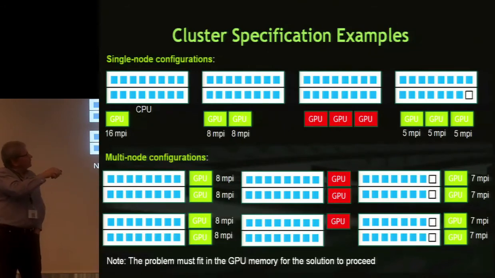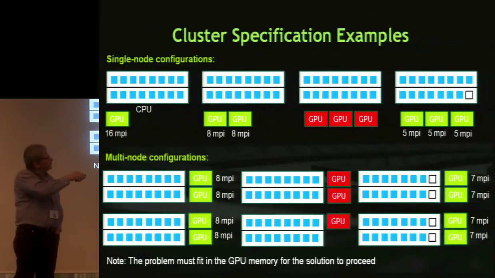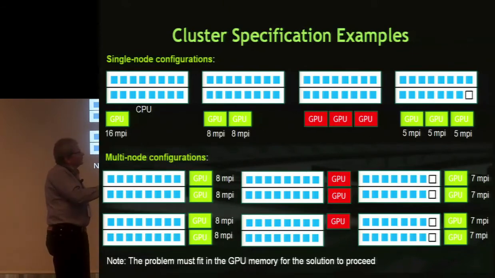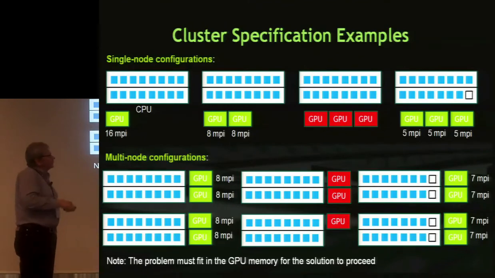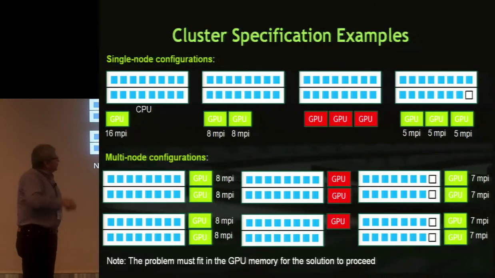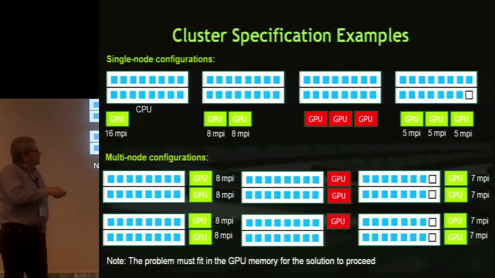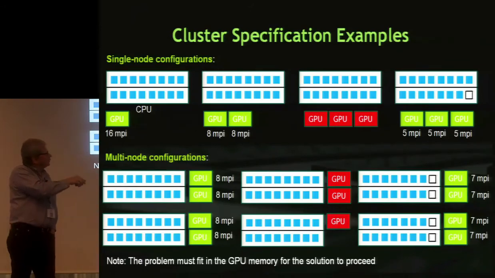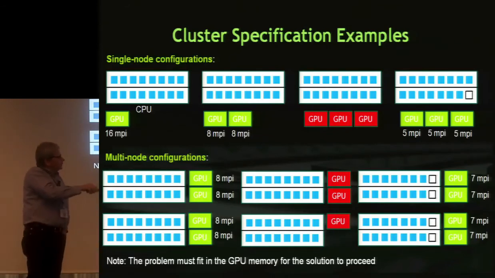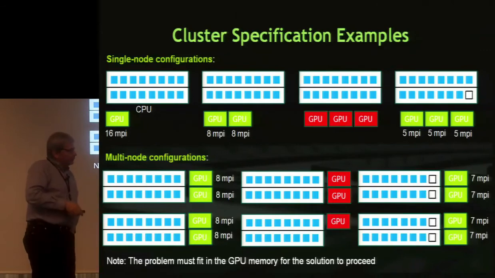You cannot run 16 processes with 3 GPUs, so you have to leave one core free, so that you can use 5 MPI processes per GPU. Similar for the multi-node configuration: this does not work when you want to use 2 GPUs on one node and only one GPU on the other node, so you have to have the same number of GPUs on every node.